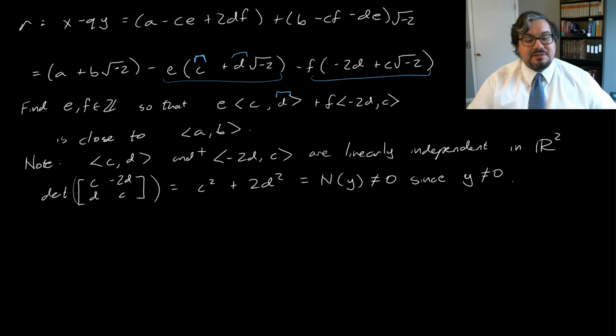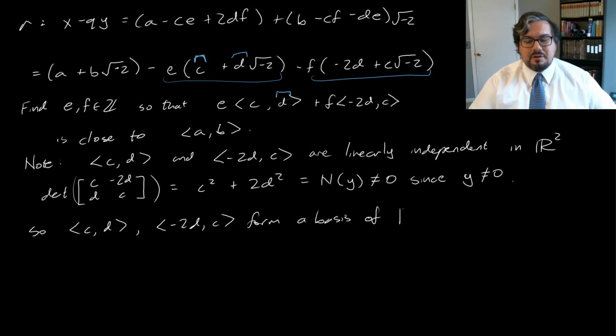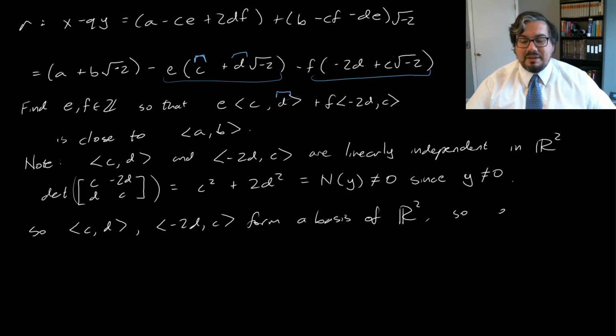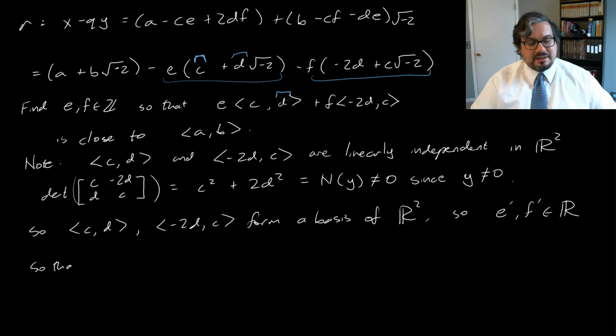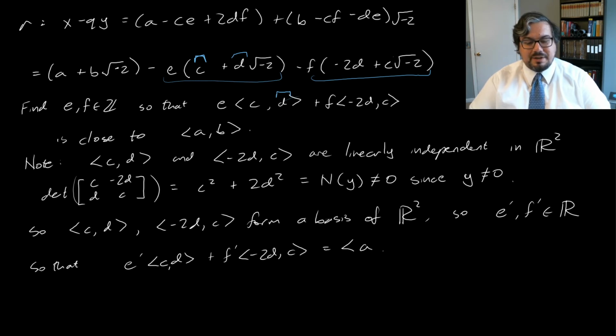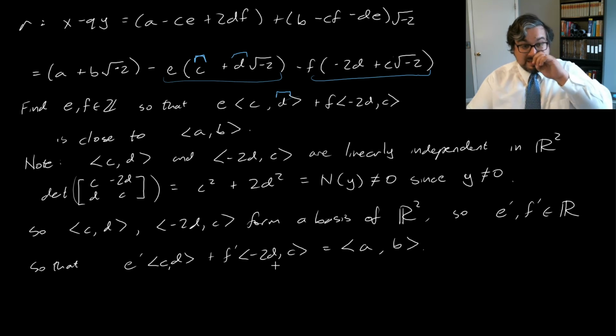Now, because these two vectors are linearly independent in two-dimensional real vector space, that means that they form a basis. So the vectors c, d and negative 2d, c form a basis of R2. So that means that there are elements E prime and F prime in R so that E prime times c, d plus F prime times negative 2d, c is equal to the vector a, b. It is exactly equal.